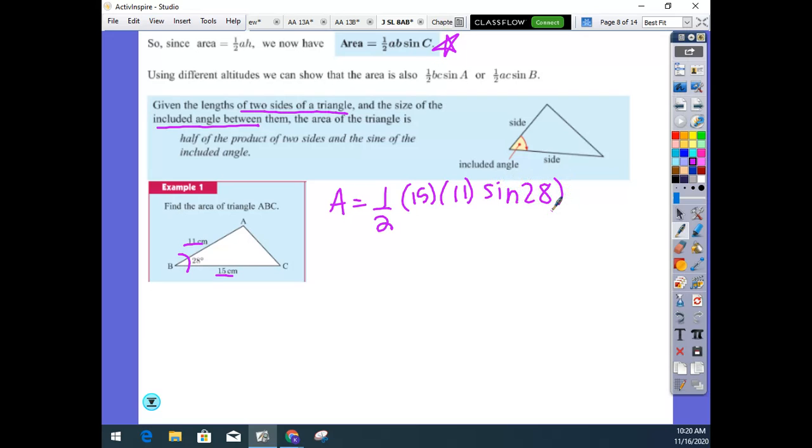So literally I would just take 0.5 times 15 times 11 times sine of 28, and you should get 38, not degrees. This is area. So if my units are centimeters, it'll be centimeters squared. All right, now this one you did not need as much space for, so you might use some of the space on this one to do the next example.